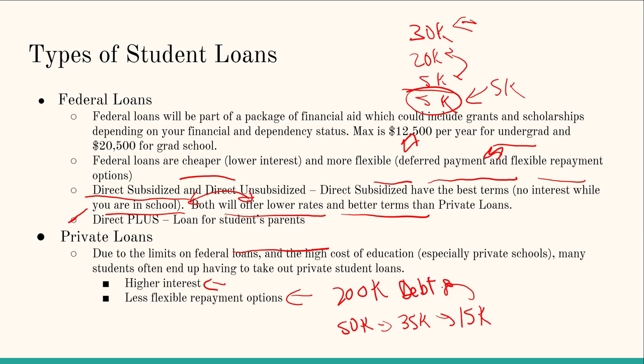It's going to take you a long time to pay that off. So this might be, if you're a social worker or something, and you're going to a private school to study social work. This could totally be a feasible scenario.